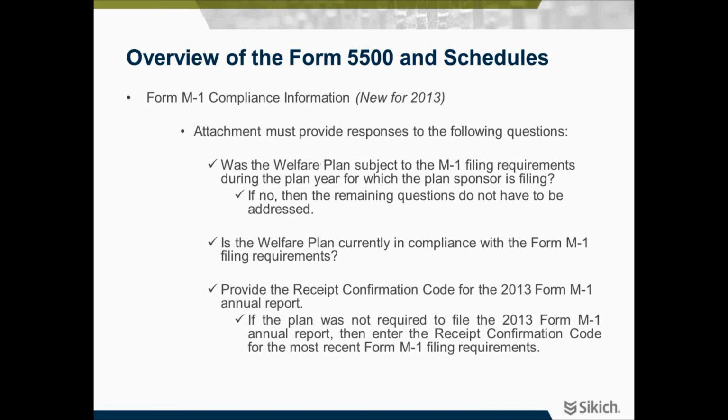The first question is, was the welfare plan subject to the M-1 filing requirements during the plan year? If the answer is no, then you can skip the rest of the questions, but you still have to attach it. If yes, then you would need to indicate whether or not the plan is currently in compliance with the Form M-1 filing requirements, and then provide a receipt confirmation code.